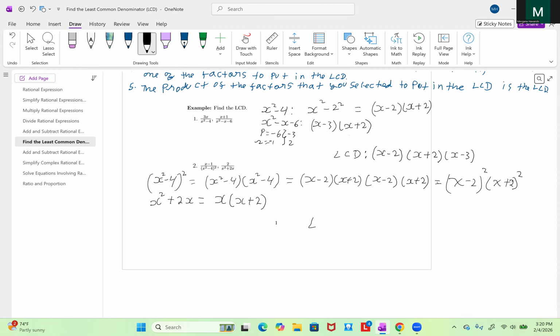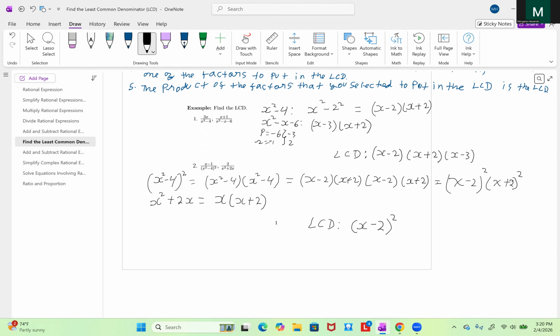The LCD will contain each unique factor. x minus 2 is unique. If we look at the other polynomial, x squared plus 2x, it does not have x minus 2 in it. So we're going to select (x minus 2) squared to be in the LCD.